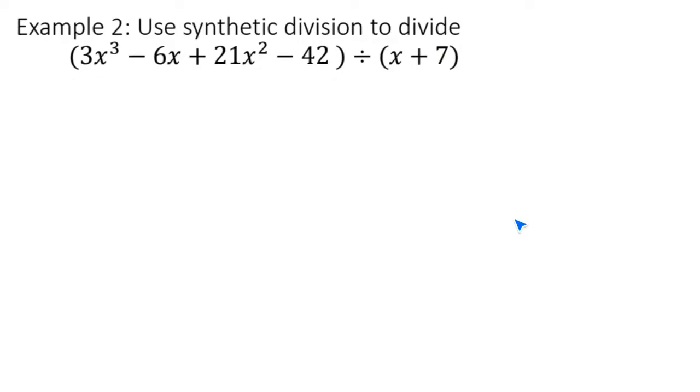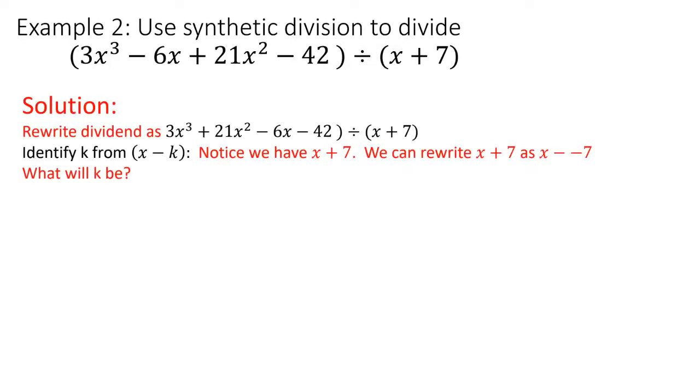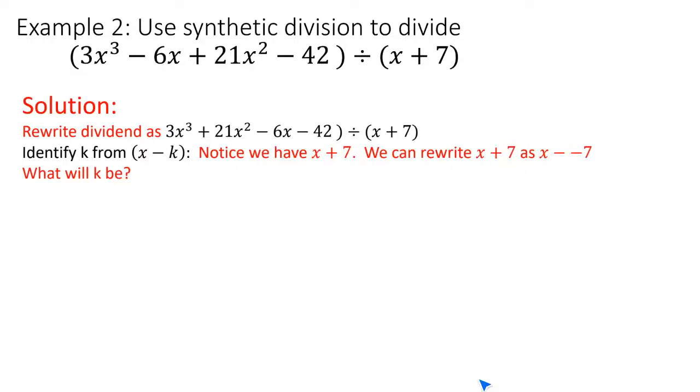So first, let's identify what k is. Okay, so k, notice that in the previous ones we had x minus a number, but now we have a plus. Okay, so we need to figure out this x plus 7. We can easily write it as x minus negative 7. So our k is going to be negative 7.